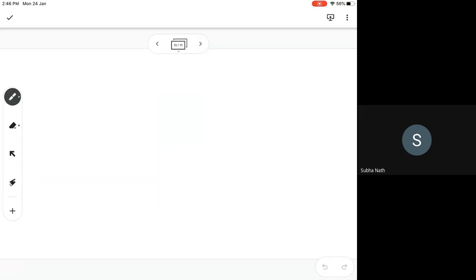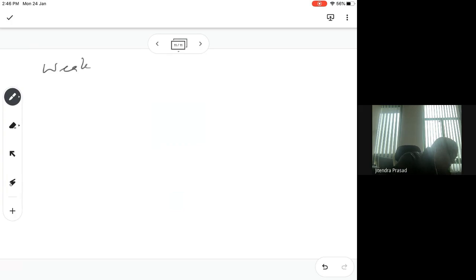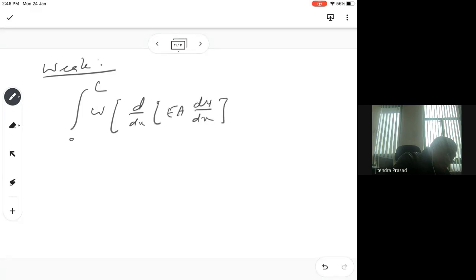Okay. So we have the weak formulation, which so far is the integral from 0 to L of W, then d over dx, then dx plus dx, equal to 0. Now we are going to expand it. Expand, and then what will you get?